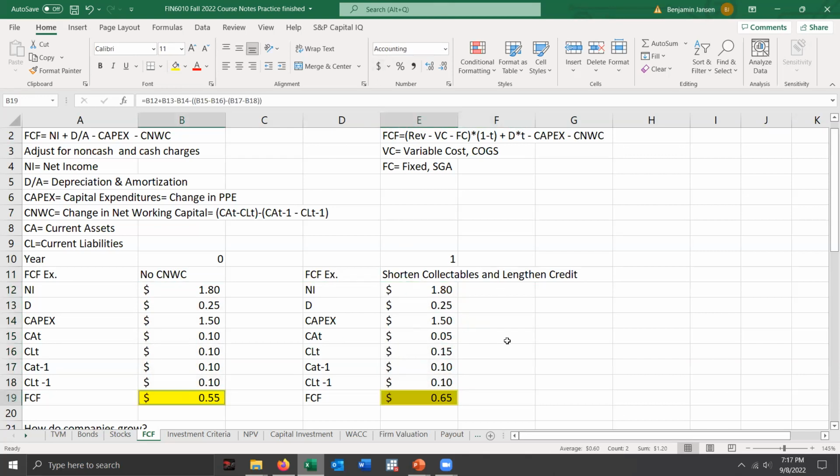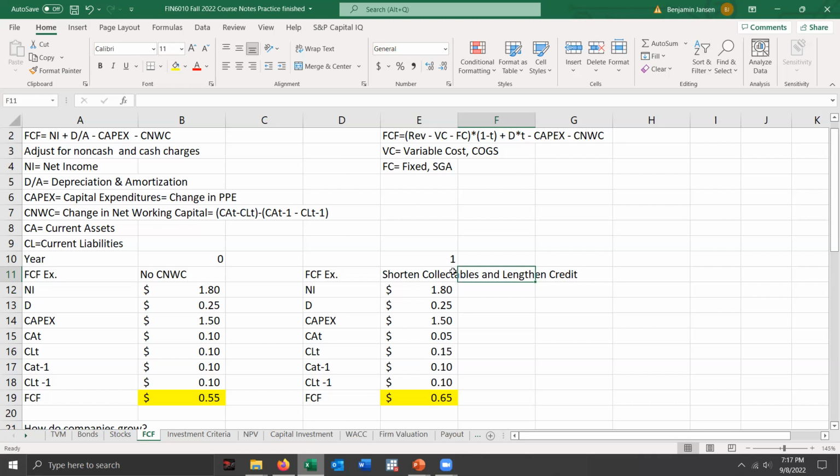Because you said shorten collectibles and lengthen credit. Yeah. So you're reducing your current assets, shorten collectibles, and lengthening your credit, increasing your current liabilities. So it's reducing the amount of assets being tied up in accounts receivable and increasing the amount of liabilities outstanding under accounts payable. So assets reflect money being tied up.